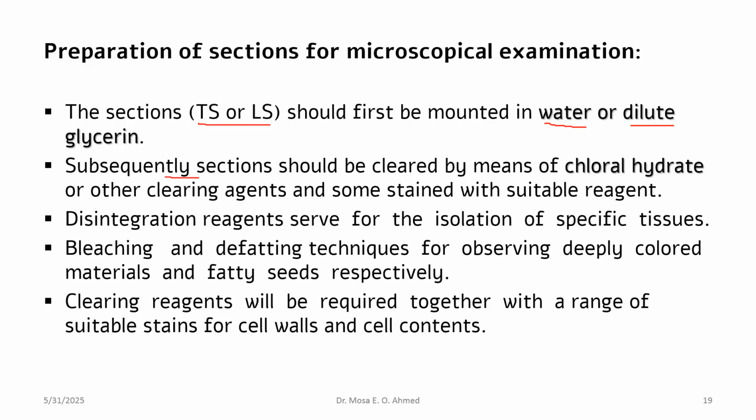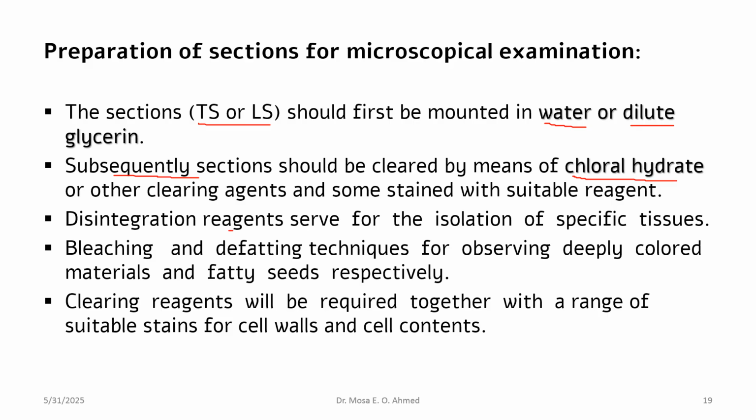Subsequently, this section can be cleared by using clearing agents such as chloral hydrate to remove the stored material such as carbohydrate and fixed oil to aid the visualization of tissue distribution under the microscope.